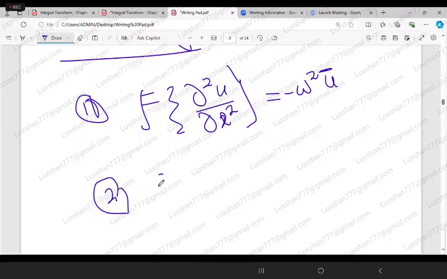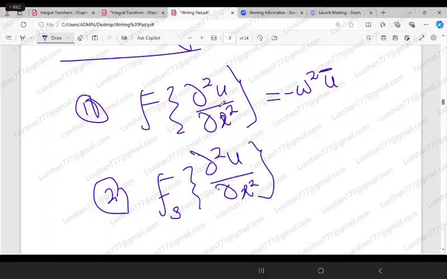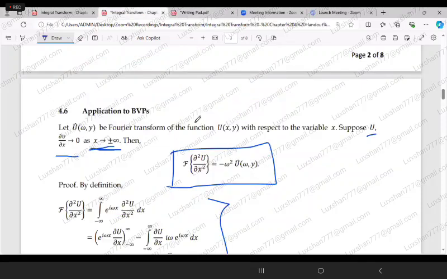Second one, Fourier sine transform of ∂²u/∂x² is equal to, sorry, what?